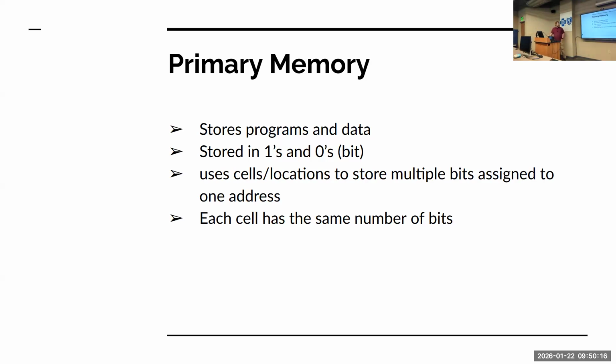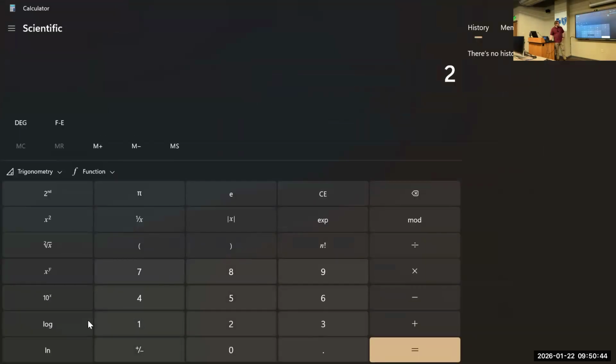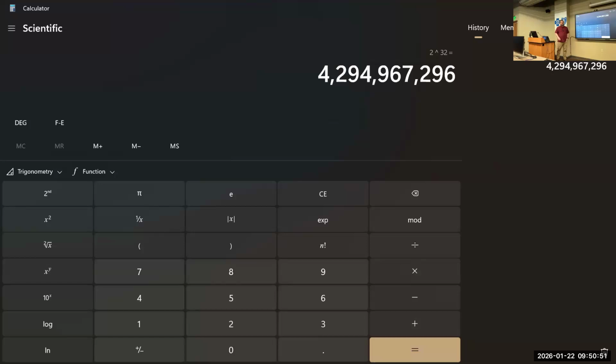which is why some of you probably won't remember this. Back when we were switching from 32-bit to 64 bits in the times of Windows XP, when you had a 32-bit computer, you could only have 4 gigabytes of RAM. That was the max. You could install more than that, but Windows couldn't access more than 4 gigabytes because, let me get my calculator out here, if I take 2 to the 32nd power, I get about 4 billion, which is 4 gigabytes.